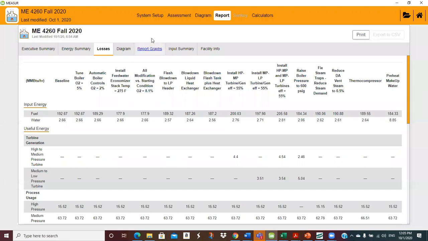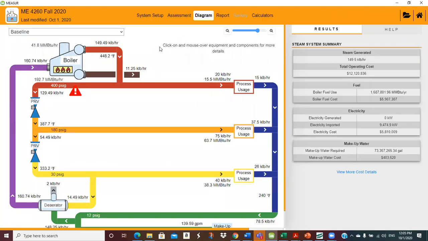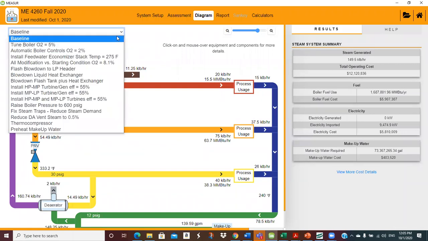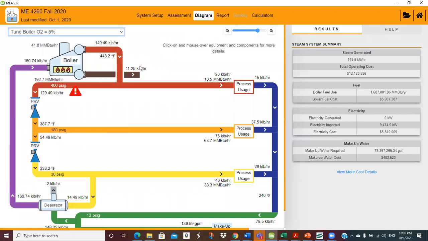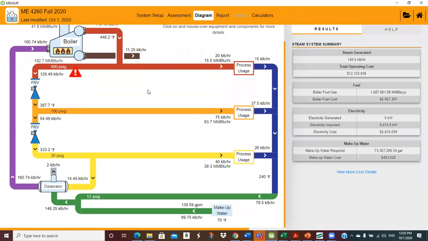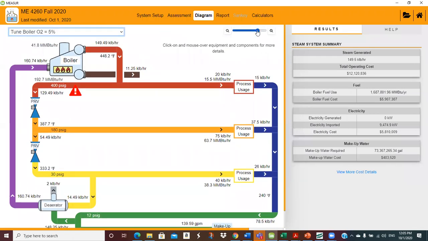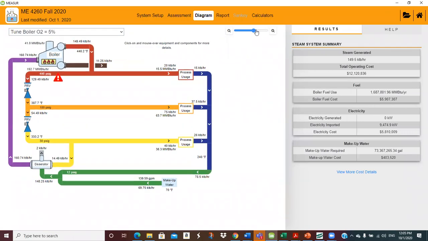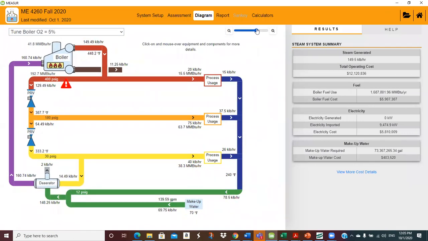Let's see, if I look at a diagram here, I think this is kind of my base case situation. Okay, I took it off of this number right here.